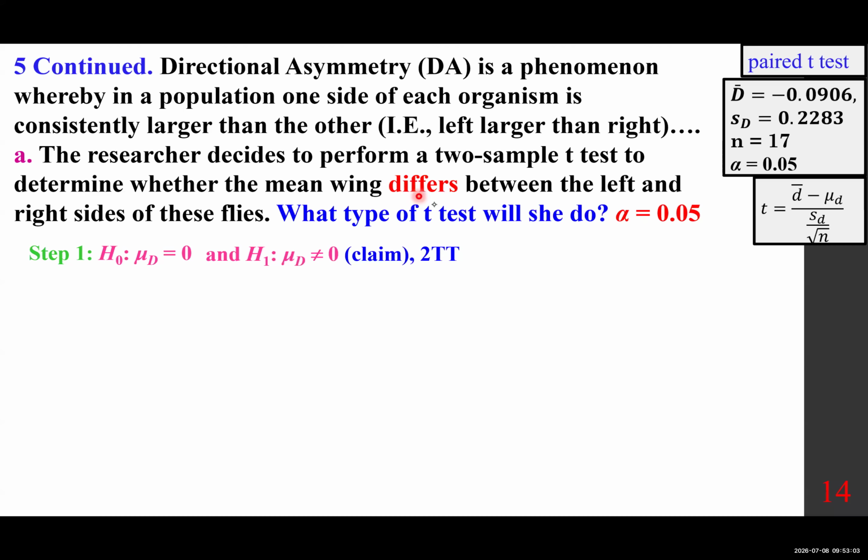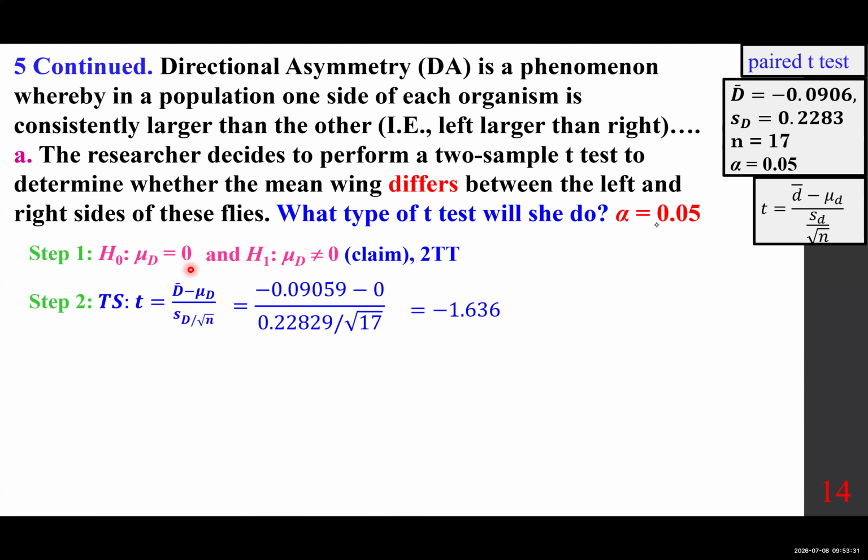So whether they differ or not. So I hope you see t was X bar minus mu over S over square root of n. Now we're going to use D bar, and it's been already calculated. Just plug in. So that's why this is helpful. And again, this comes from H0, and it's always 0 for us, but it may not be.